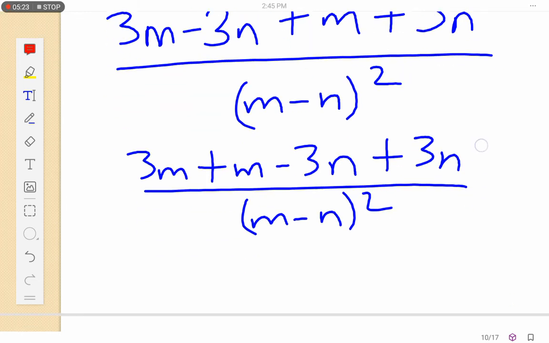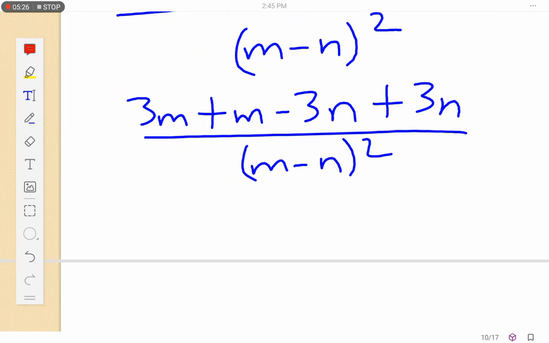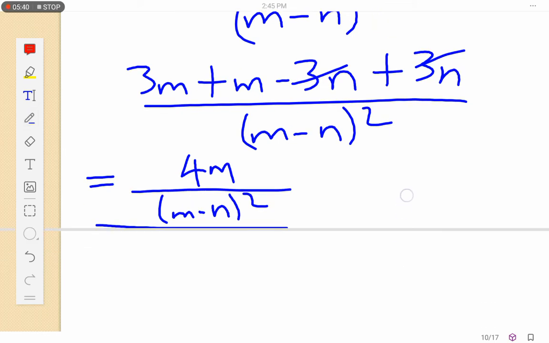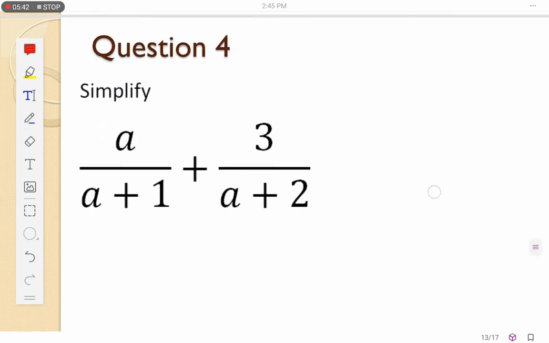Simplifying, I will get 4m, and this one will have a 0, over m minus n squared. So this is the final solution there. Let's go on and have another example.